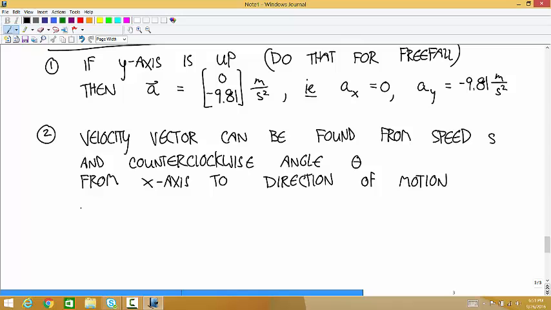So if you have this stuff, then the velocity vector is equal to s times the cosine of theta, s times the sine of theta.